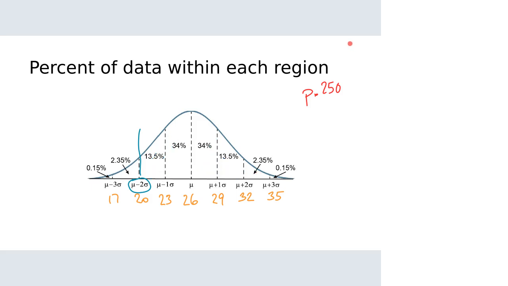So what we need to add up to get the percentage of students that scored above 20 is all of those. So 13.5 plus 34 plus 34 plus 13.5 plus 2.35 plus 0.15, 97.5%. So 97.5% is the correct percentage.